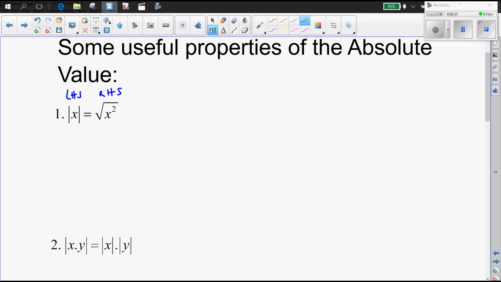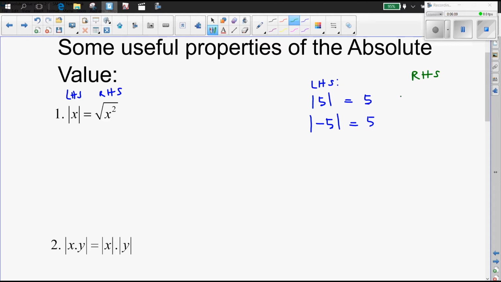So if I look at my left-hand side, I know that the absolute value of positive 5 is 5, because positive 5 is 5 units away from 0 on a number line. I also know that the absolute value of negative 5 is 5, because negative 5 is also 5 units away from 0 on the number line. Looking at the right-hand side of that equation, I'm asked to find the square root of x squared.